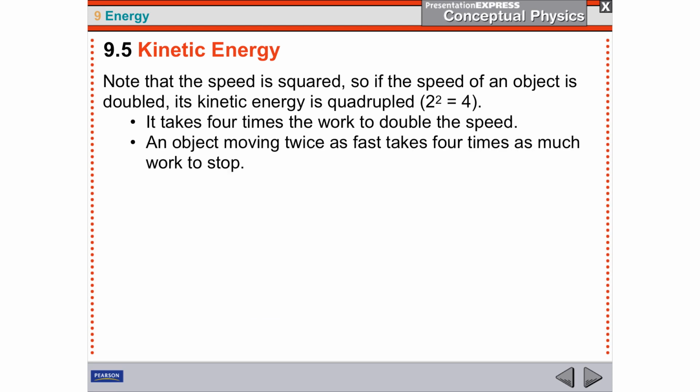So if you double the speed, you've quadrupled the energy. That's why, when you're driving behind someone, it's important to stay at least a couple car lengths behind, because if someone is going fast, the energy that they have is directly related to their speed.